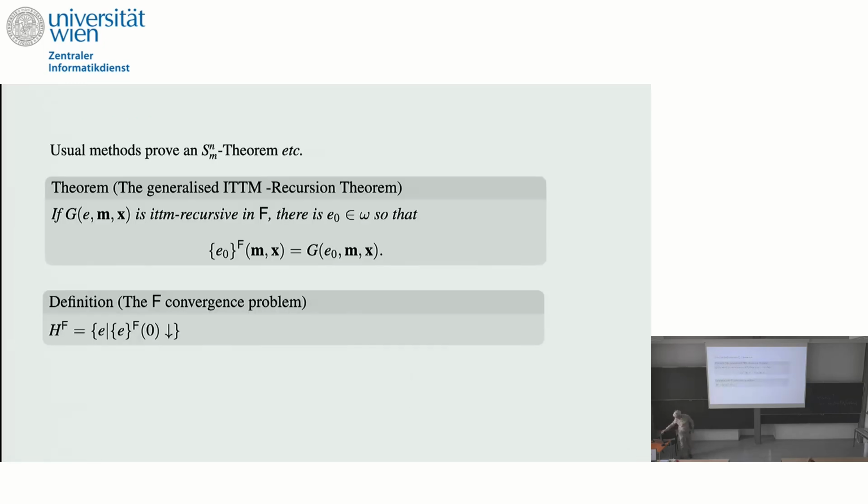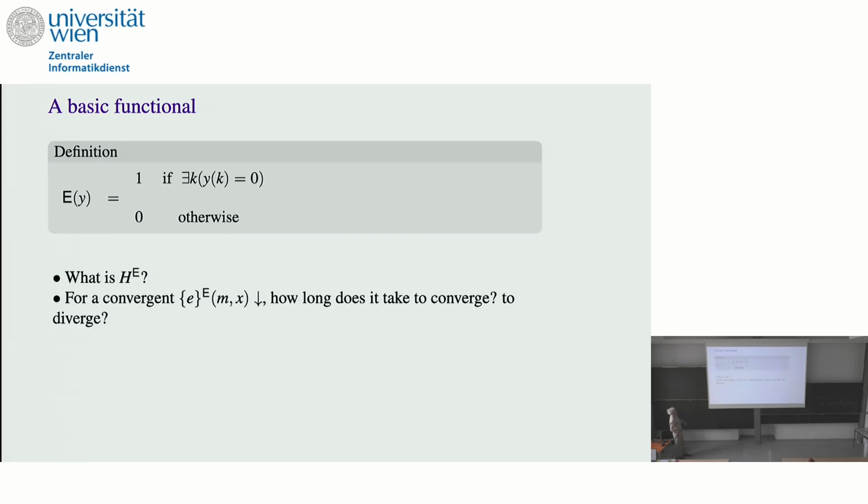Okay. This is the basic functional called 2E in the higher type recursion theory. It's sort of an existential quantifier, and it does the very simple job of you put in a real, and it gives you a 1 or a 0 depending on whether that real is 0 somewhere or other. Y of k is 0. So this is kind of a base case functional, which we'll just work with.